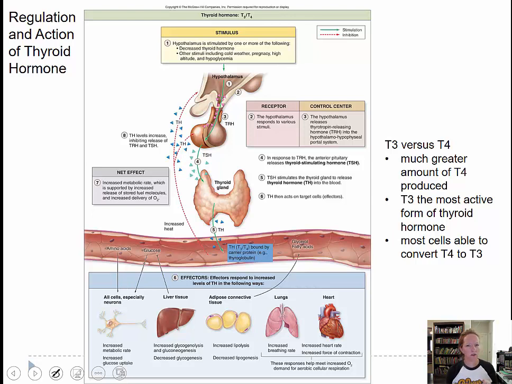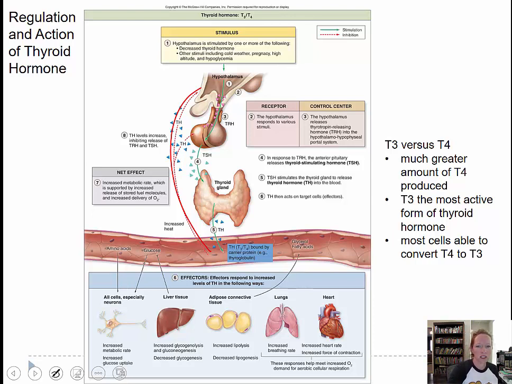Whenever T3 and T4 in the blood decrease, a feedback loop goes back and says, hey, we need more thyroid hormones, and that tells the hypothalamus to get this whole thing started. Other things that can kick it in are pregnancy, cold weather, which we'll talk about in a second, high altitude, and hypoglycemia as well. We'll talk about that too.